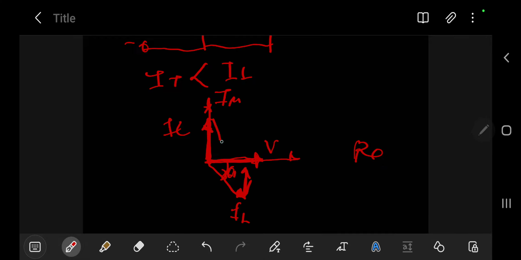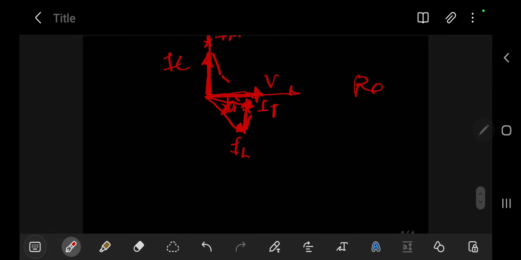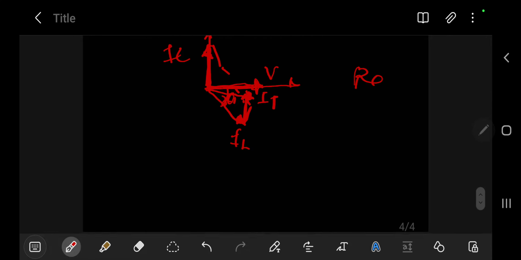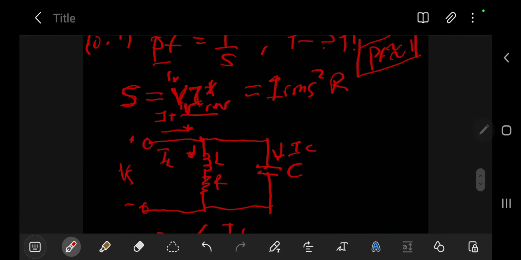And if you add this like this, you're going to notice that the total is going to be somewhere there, and you realize that now this current total is going to reduce like that, and that is what we call power factor correction.